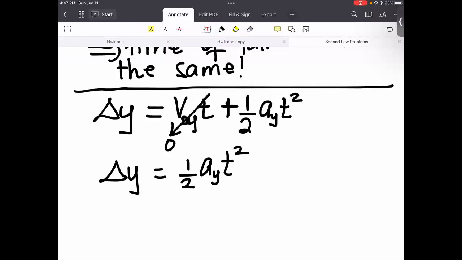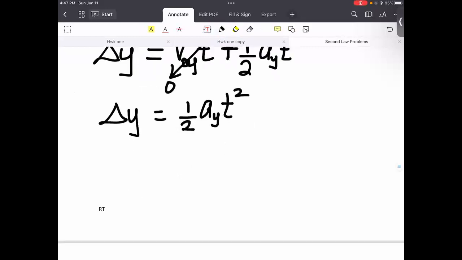As you can see here, time is something that we can solve for if we know the height and the acceleration. So we can solve for the time in this equation.